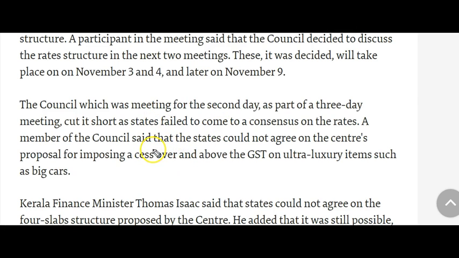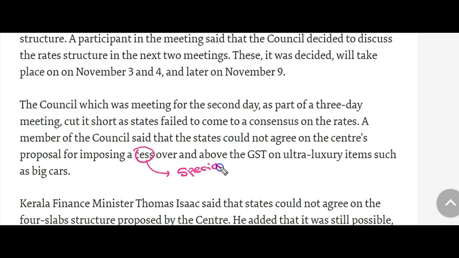In this background, we advise you to prepare thoroughly on cess. What is cess? How cess differs from surcharge is an important area for the prelims examination from the economy section. Cess is nothing but a tax imposed for a specific purpose.